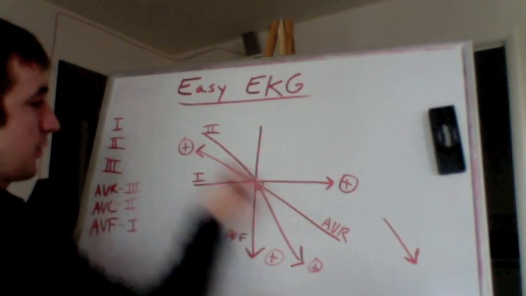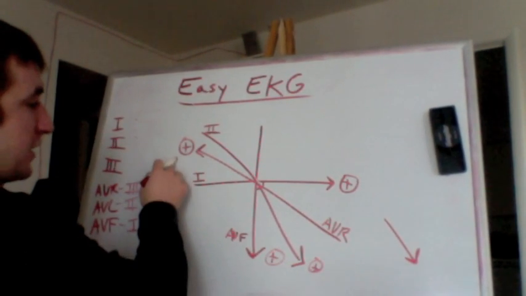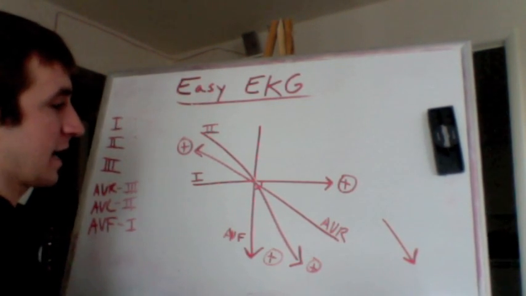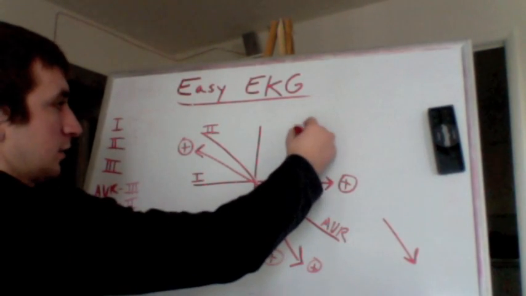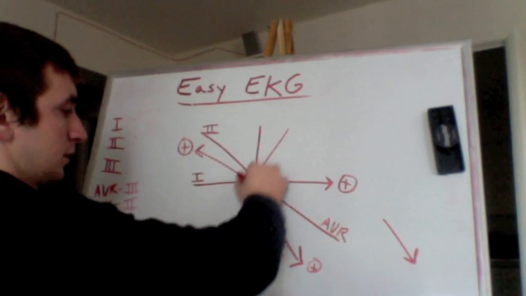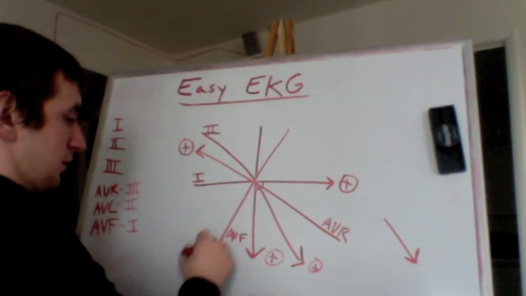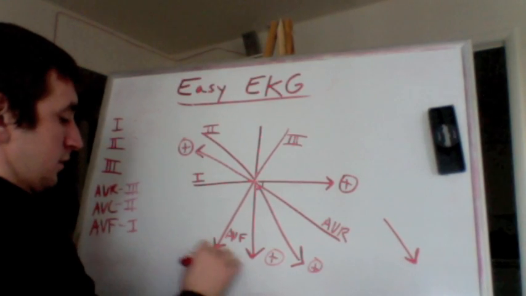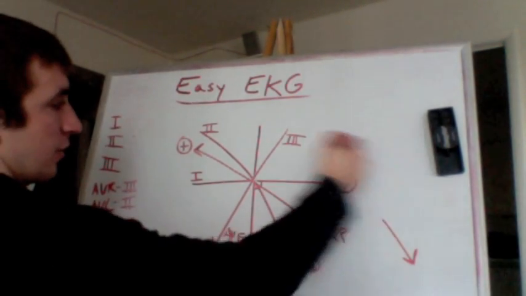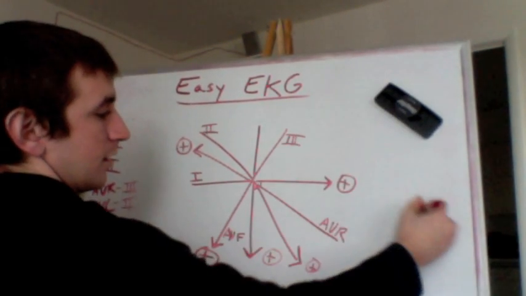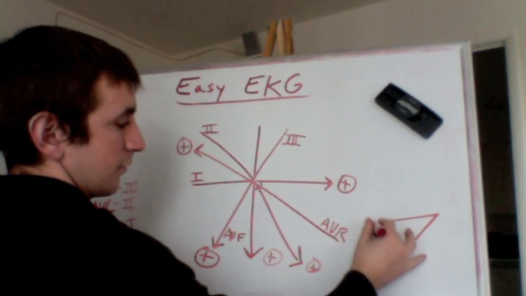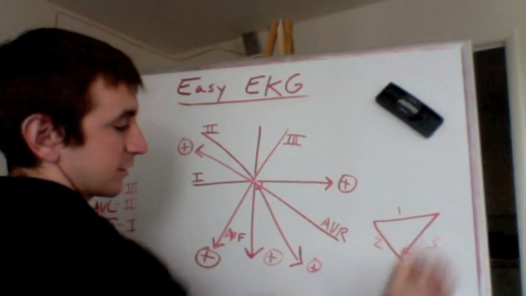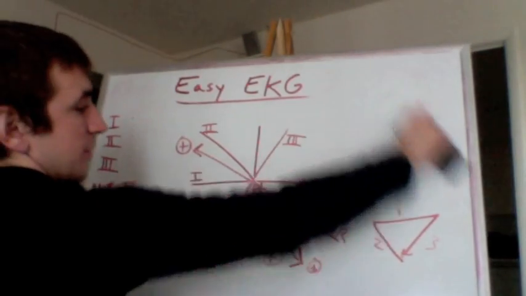Remember, AVR points towards the right arm, and the positive side is on the right arm. Okay, what's next then? How about lead 3? Remember, lead 3 goes in this direction. We're looking at our triangle. Here's 1, 2, and 3. Remember, lead 3 goes this direction, right? So here's lead 3. We're just superimposing everything together.